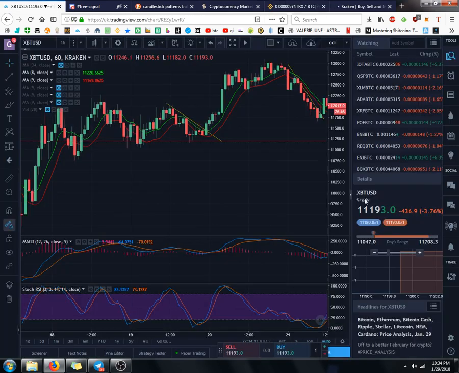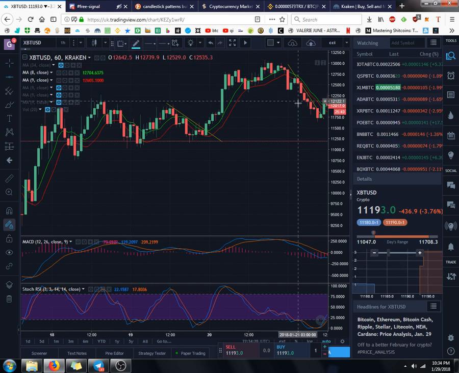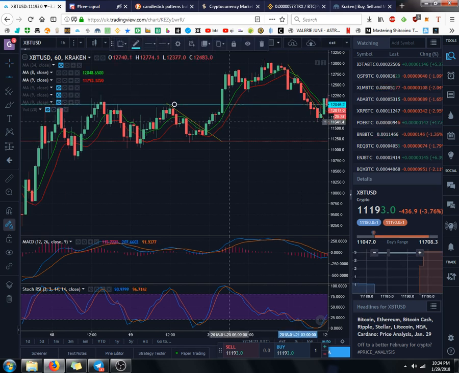But you can put in stop limits, right? So if you bought at this point when you cross the green line, you can put in a stop loss order, say just below the last low.